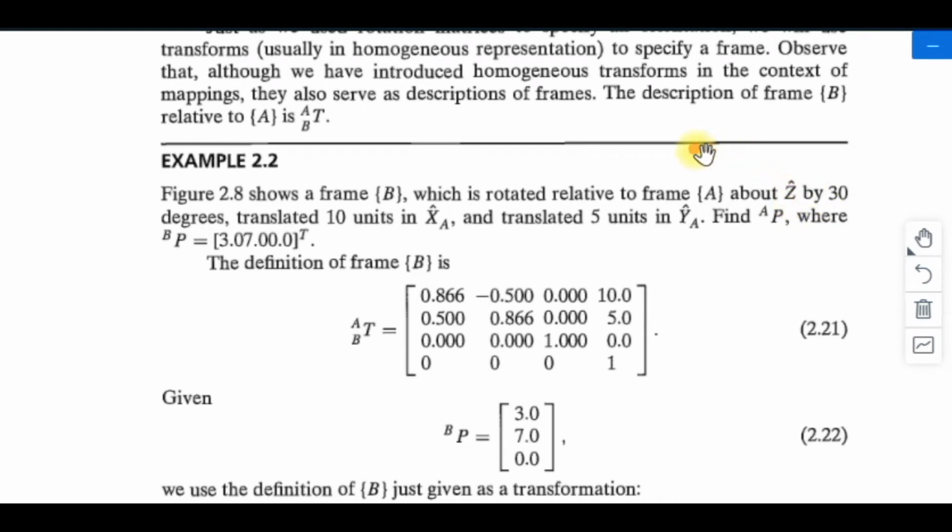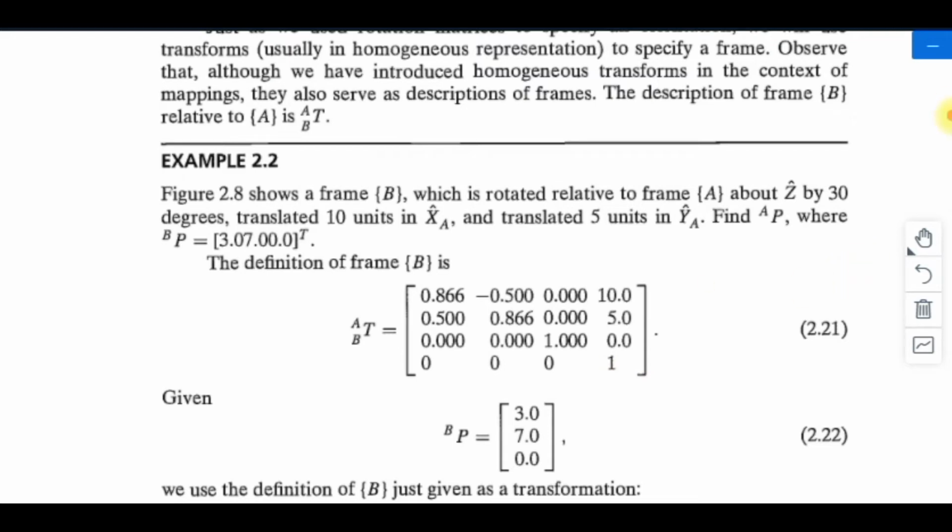So it is A, B, this is ARB. This is the translation portion, this is the transformation, and this is 1.